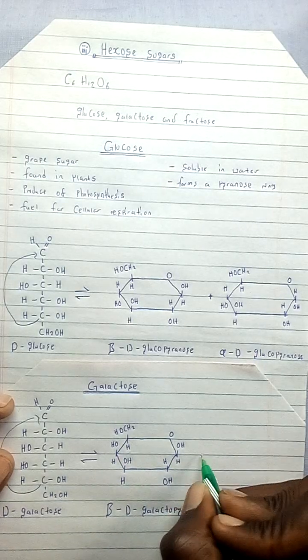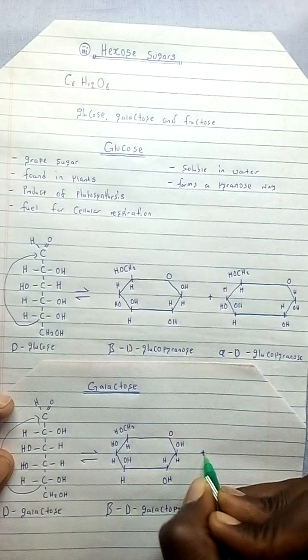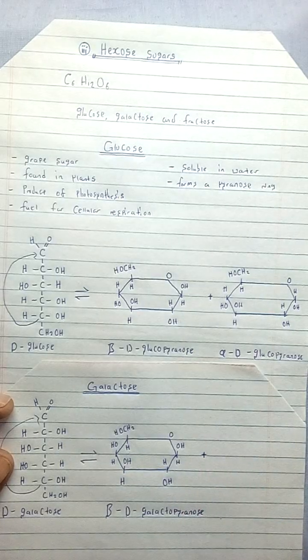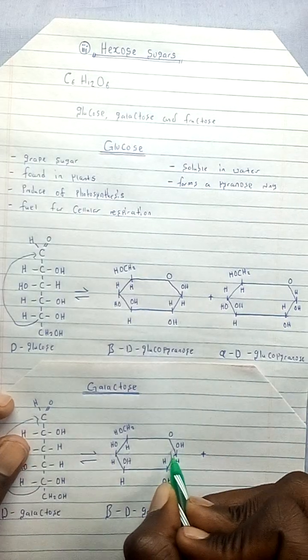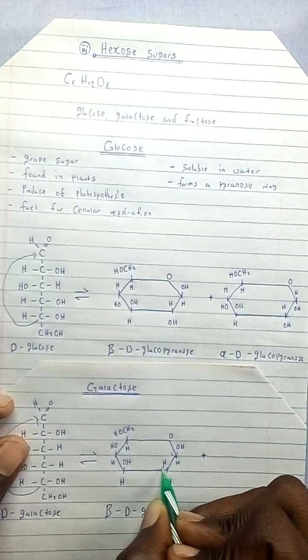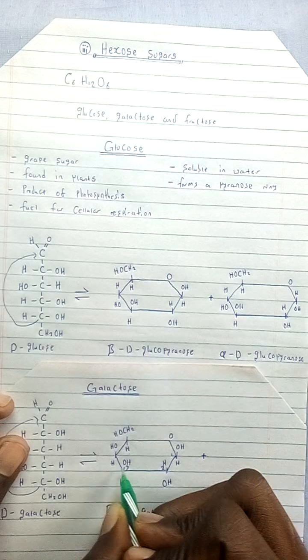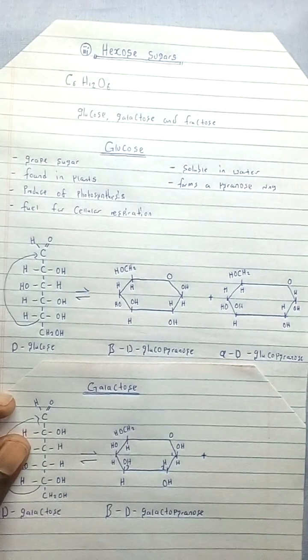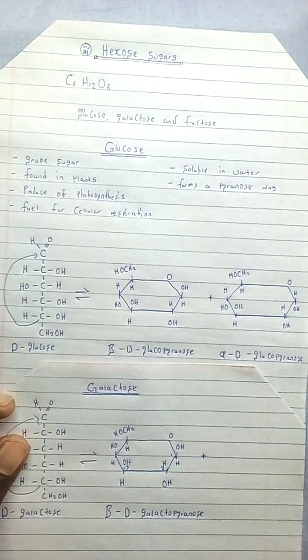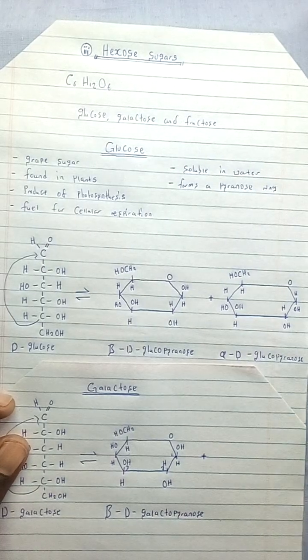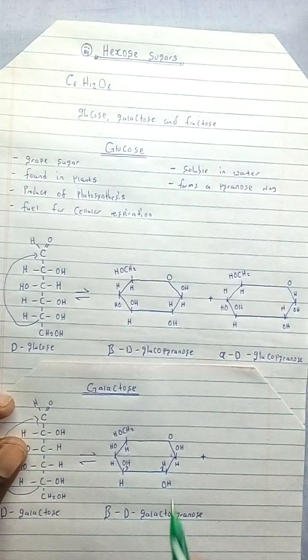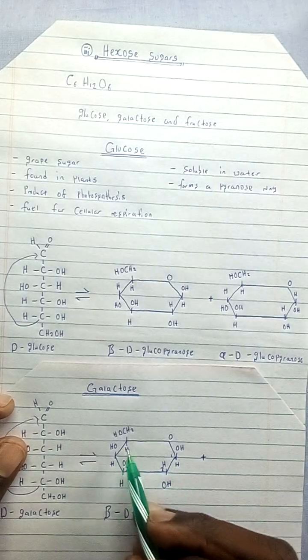Well, what about the alpha form? The only difference between the beta form and the alpha form is on carbon number 1. So this is carbon number 1, 2, 3, 4, 5, and 6.